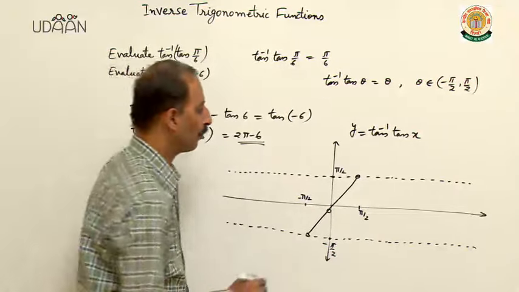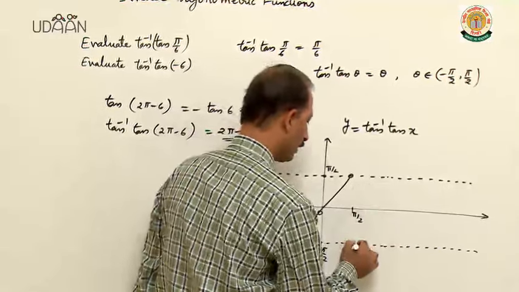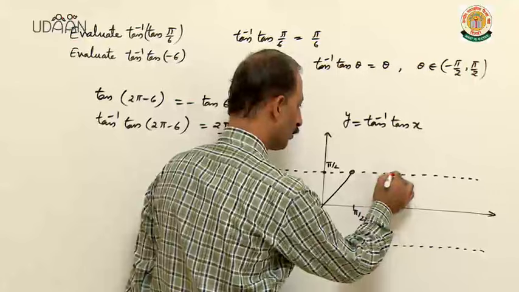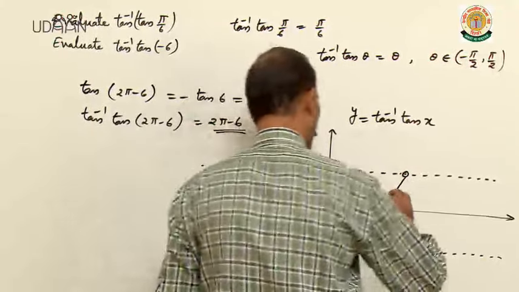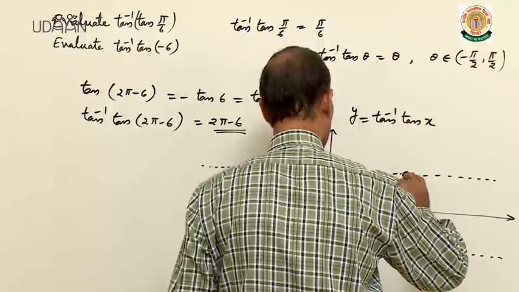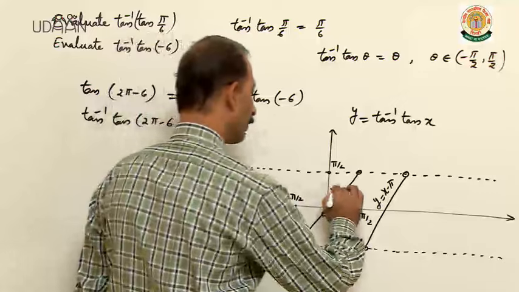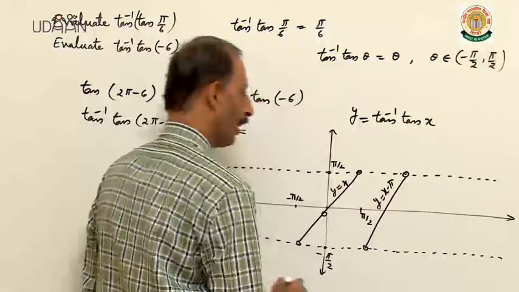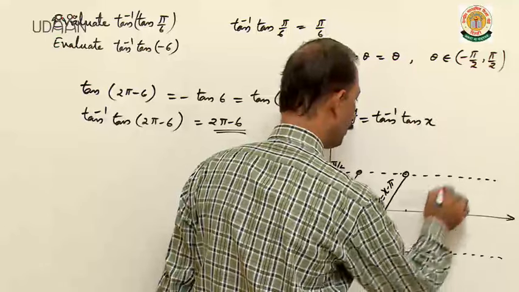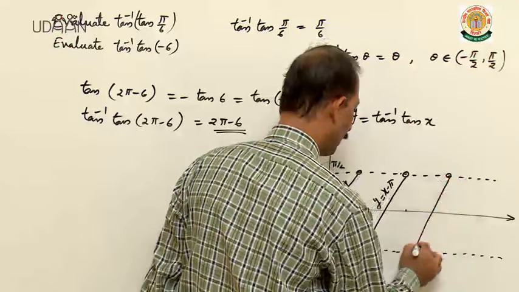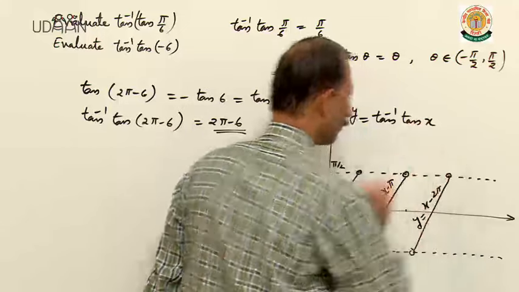Now, when we go beyond pi by 2, its graph will be this one. You will get y equal to x minus pi. This graph you will get, and this is the graph y equal to x. And when you go beyond 3 pi by 2, its graph becomes y equal to x minus 2 pi.